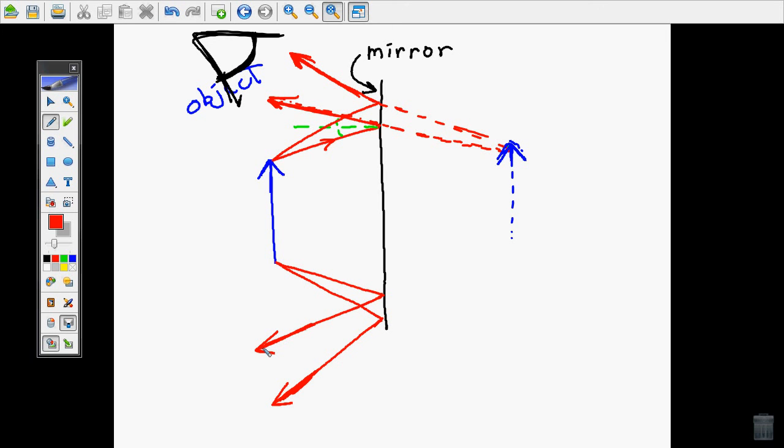Diverging. And if they're diverging, you extend them backwards. And where they intersect, that's the location of the image that gets produced.